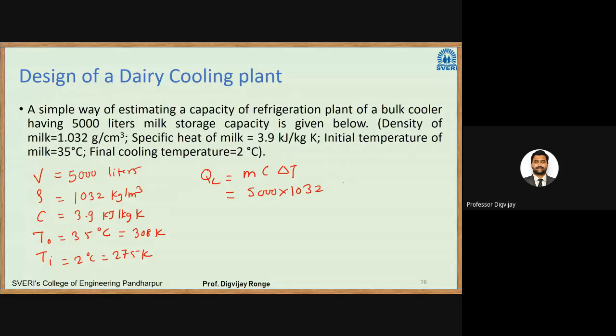Don't take 1.032, because that is in gram per centimeter cube. To convert gram per centimeter cube, you have to multiply by 1000. Into Cp, which is 3.9, and delta T, which is 308 minus 275.